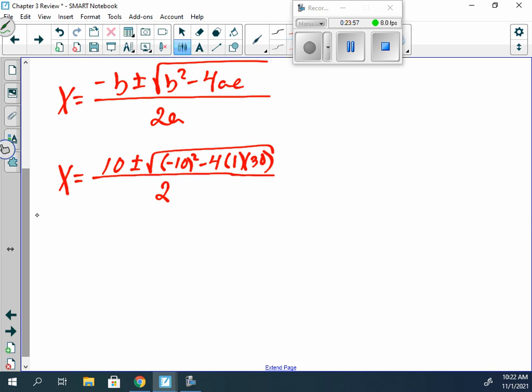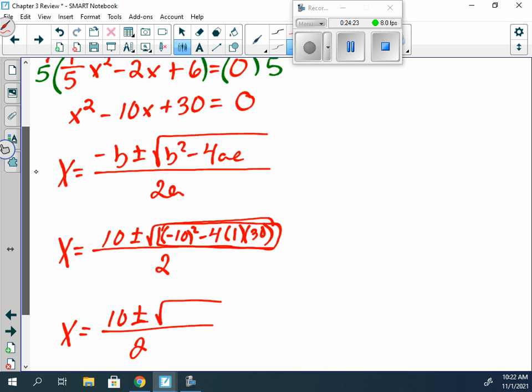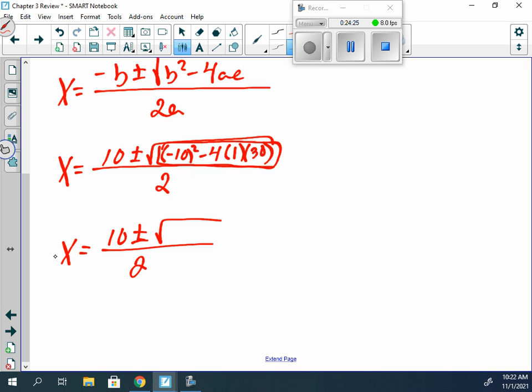Now what we do next is what's inside the square root. We won't plug the square root in with it also, because we can plug in everything inside of here. And I believe 10 squared minus 4 times 1 times 30 would be negative 20.